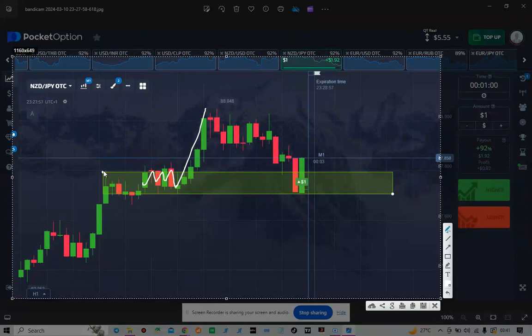Also, you can see that I drew the zone to include the zone on the left side as well, the previous one, because there was no strong bullish movement to form a new rally. It's still part of the zone. That is why I extended the rectangle to the left side.